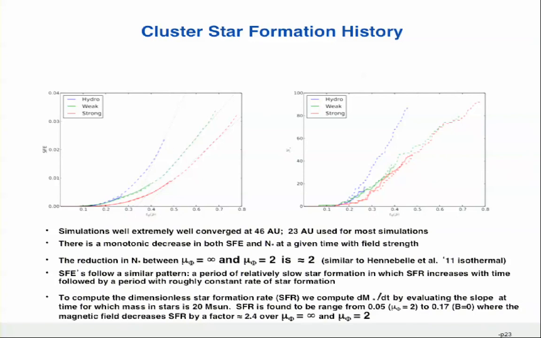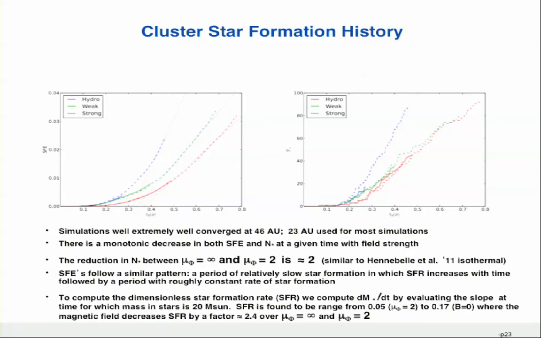Oddly enough, this is very similar to what Patrick Hennebelle got 2 years ago without the crucial physics of radiative feedback. I believe his calculations were isothermal, and he started with a spherical object. The star formation efficiencies here follow a very similar pattern of relatively slow star formation initially, in which the star formation rate then increases with time, followed by a period with a roughly constant rate of star formation.